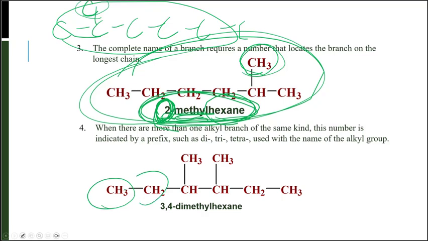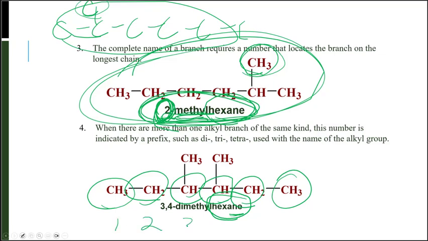Let's look at this next one. 1, 2, 3, 4, 5, 6. My parent name is hexane. Again, it's ane because they're all single bonds. I'm going to number my carbons. 1, 2, 3, 4, 5, 6. So I have a branch off of carbon number 3. Or should I number it the other way? 1, 2, 3, 4, 5, 6.